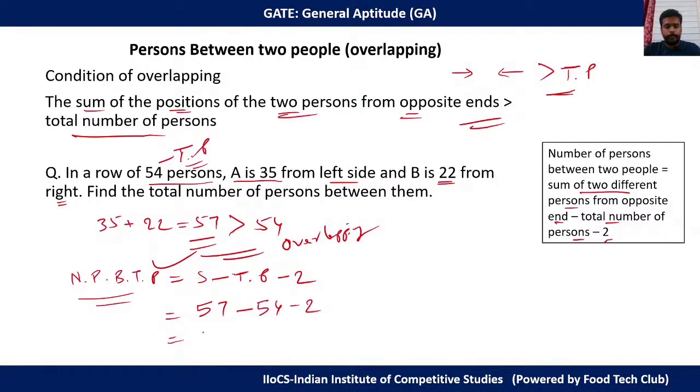If I simplify it further, 57 minus 56 is 1. So in between these two, there is only one person. Okay, the answer.